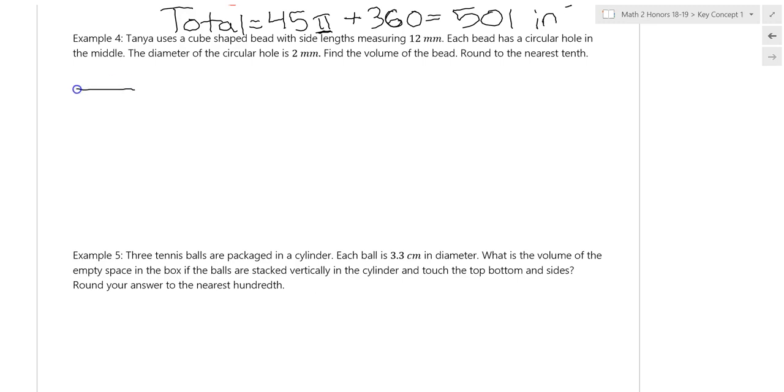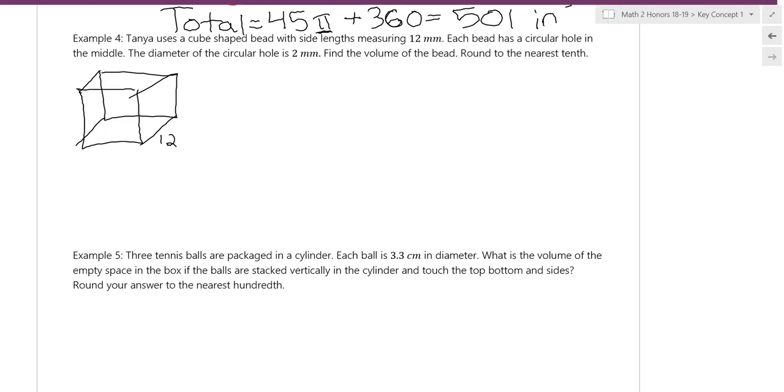So here's my beautifully drawn cube-shaped bead, okay, and it has 12 millimeters, and then it has this circular hole with the diameter of 2. Okay?